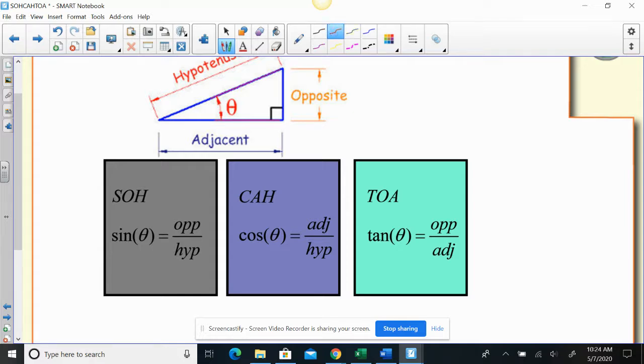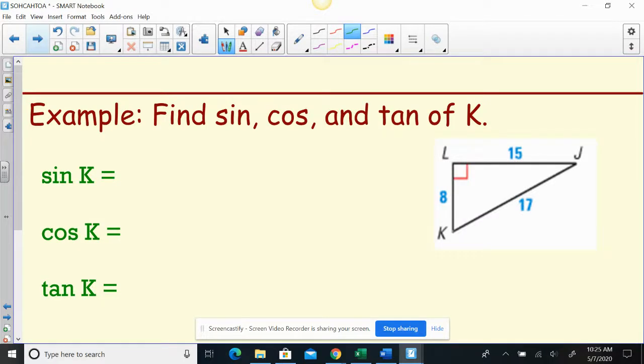So SOH, S stands for sine, is opposite over hypotenuse. CAH is saying cosine is adjacent over hypotenuse. TOA, T, tangent, is opposite over adjacent. So SOH CAH TOA. That's how you want to set it up every time.